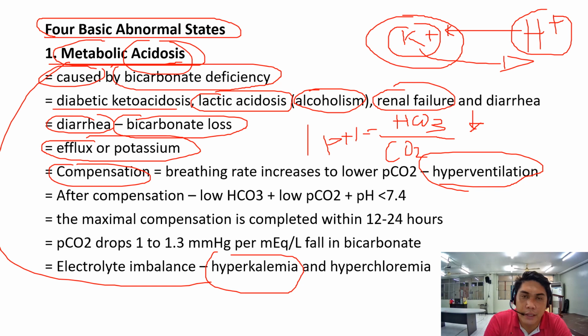That's why there is a decrease in pH. To compensate for this, remember, if the problem is in the kidneys, or if the problem is metabolic in nature, the compensation should be respiratory. So the body will try to compensate through regulation of CO2.